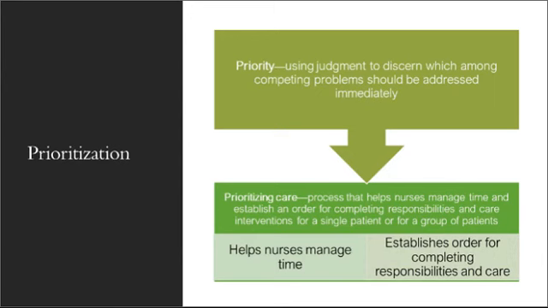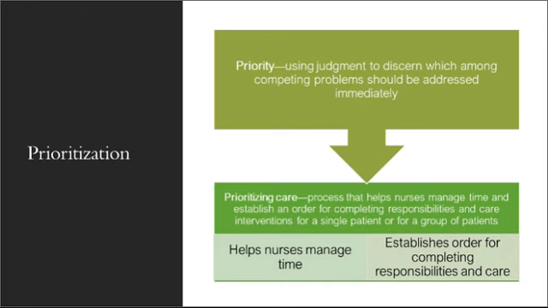So prioritization is using judgment to discern among competing problems. Prioritizing care is the process to help you manage your time, establish an order of completing things for the best outcome for yourself and the patients.